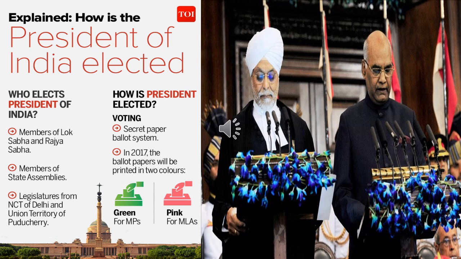In India, it is multiple times; you can be president any number of times. But in America, only 2 times. The term is just 4 years, and he can be re-elected only 2 times, but in India, many times.